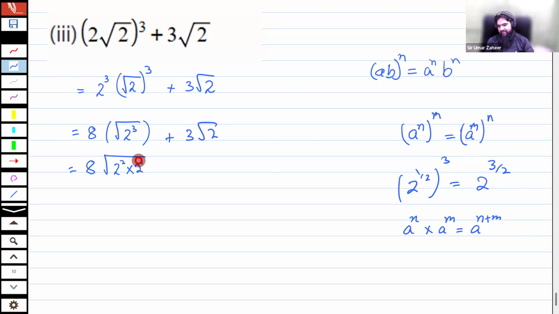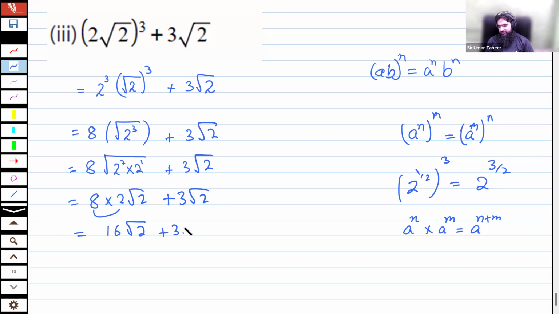You multiply them, add the powers, you get 2 raised to power 3. Now, the square value will be outside, into square root of 2 plus 3 square root of 2. 8 multiplied by 2, that will be 16 square root of 2 plus 3 square root of 2. Now they are the same kind, so 16 plus 3, that will be 19 square root of 2, my final answer.